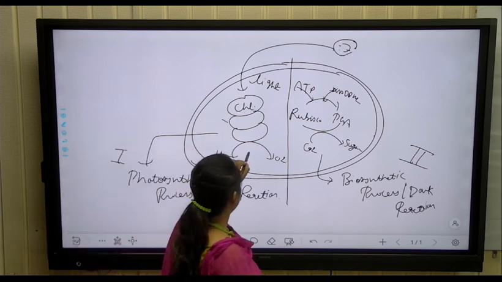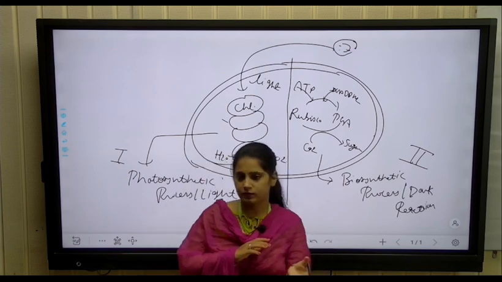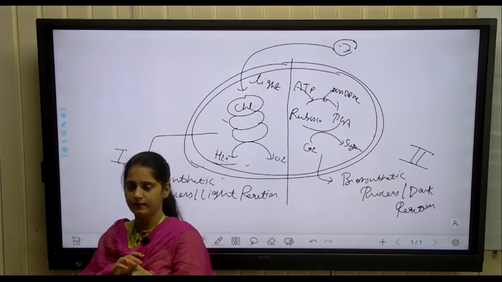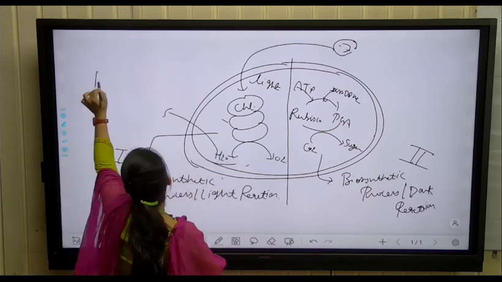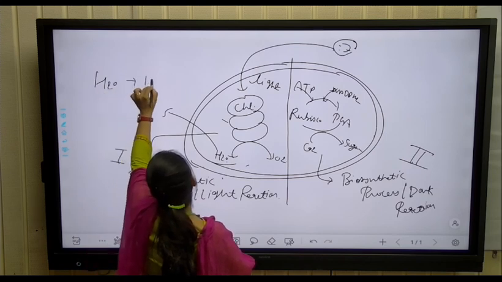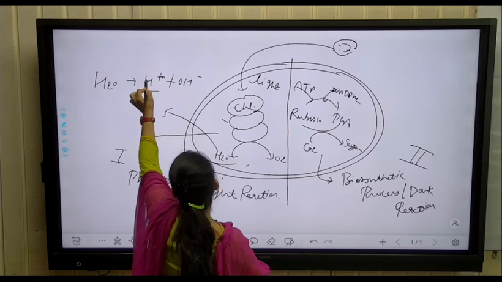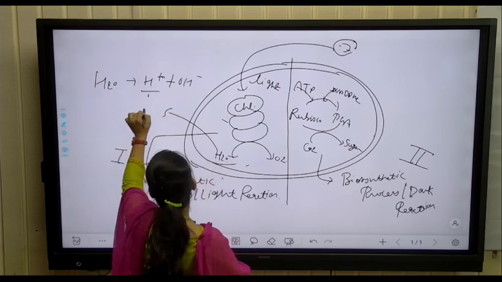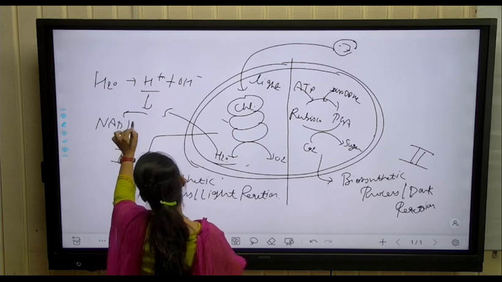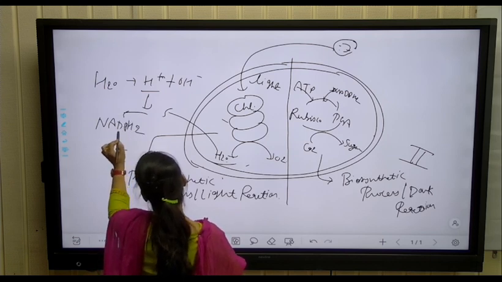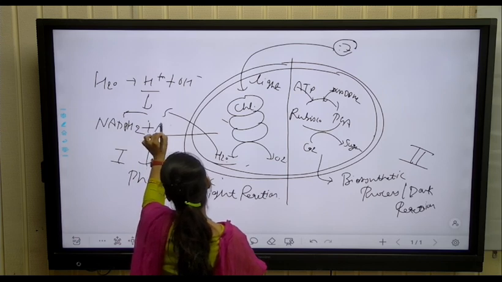the H2O into O2, which means H2O is broken down into H plus and OH minus, hydrogen ions and hydroxide ions, and then these hydrogen ions are used to produce NADPH2, and this process also evolves energy.